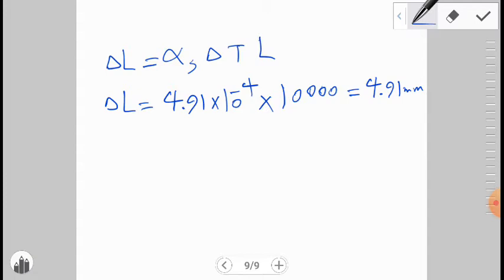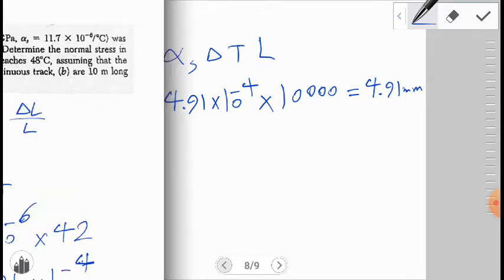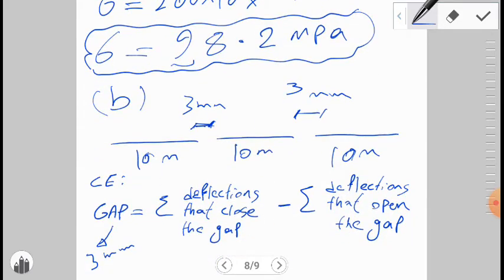It means that the change in the length because of the temperature is equal to 4.91 millimeter. In this compatibility equation, the gap is 3 millimeters. Thermal deflections close the gap, and that's why this part is 4.91 millimeter.